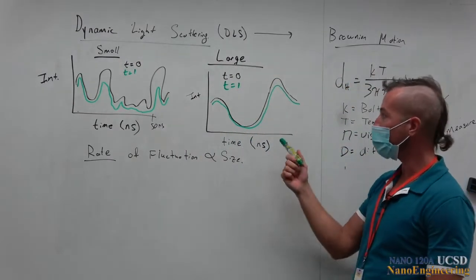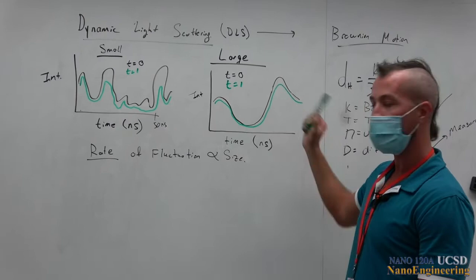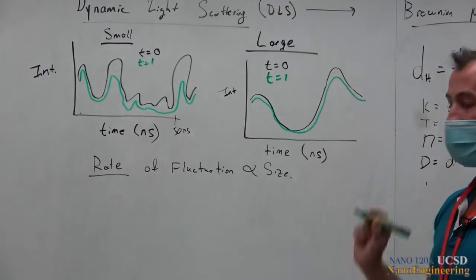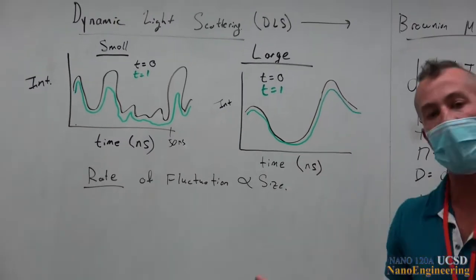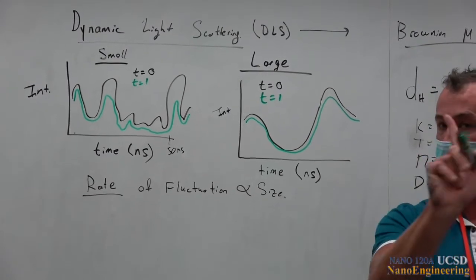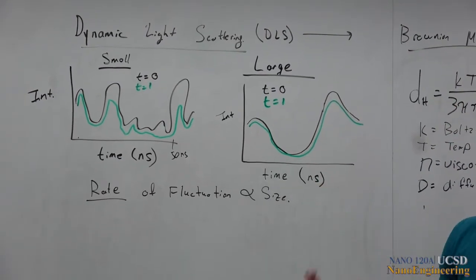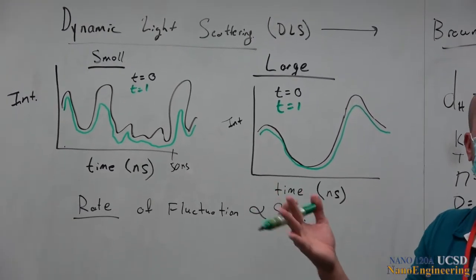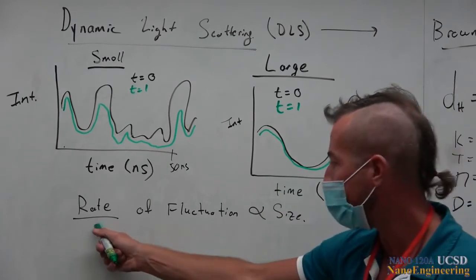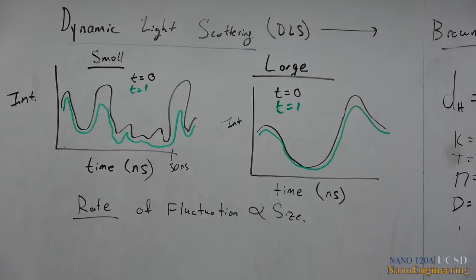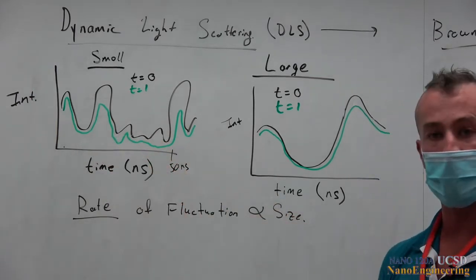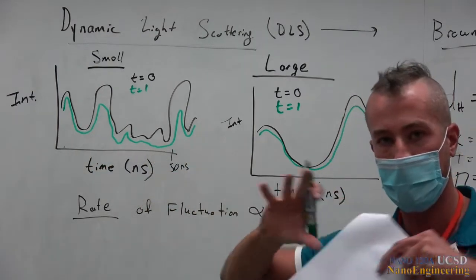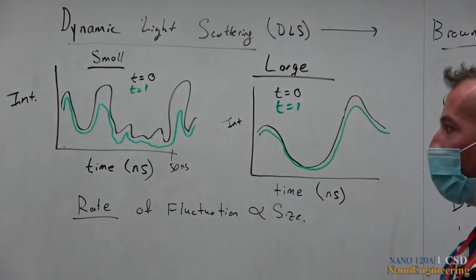What I want you to appreciate is that this larger particle looks pretty similar to baseline. That's what I'm trying to draw here. Because it's a bigger particle, and it hasn't had as much time to diffuse. It requires more time to move. The rate of fluctuation is proportional to size. Meanwhile, this small particle, like I showed you earlier, that's running around like crazy, it already has positioned itself differently. Okay?